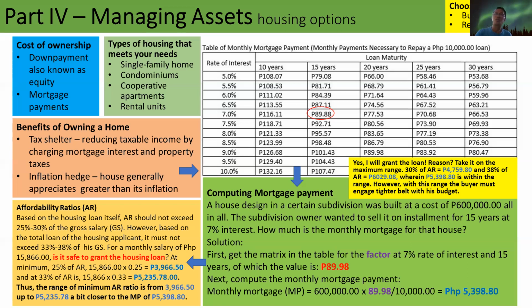The next that we are going to do is to compute mortgage payment. Yung mortgage payment, yung monthly mo na payment. No? Okay. So let's have a drill. We have a table here of monthly mortgage payment based on the 10,000 mark.